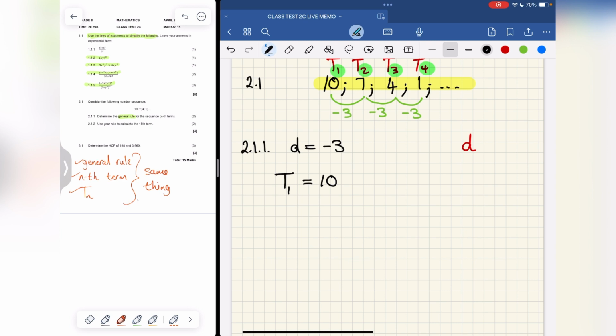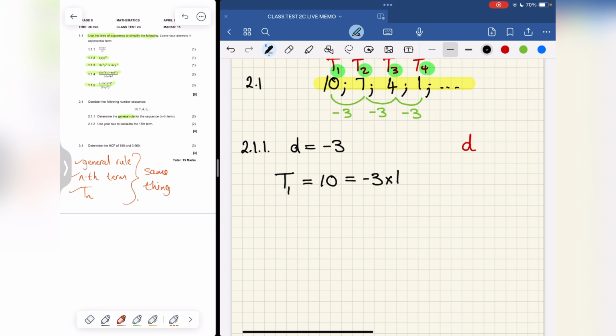Now, let's see what happens if we take negative 3 and connect it with the position of term 1. So not with term 1 itself, but with the position. The position of term 1, of course, is 1, the first position. So I'm going to multiply negative 3 with the position of 1.